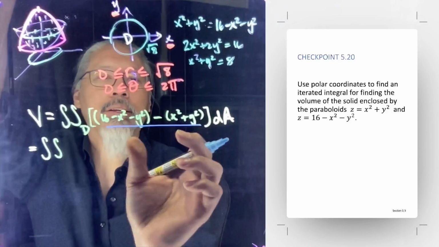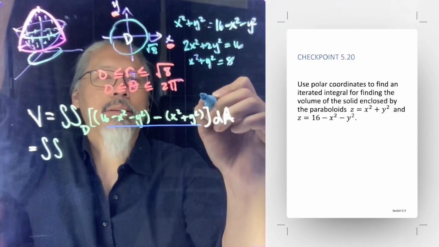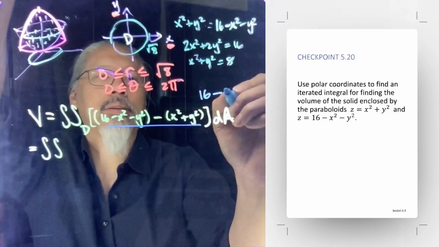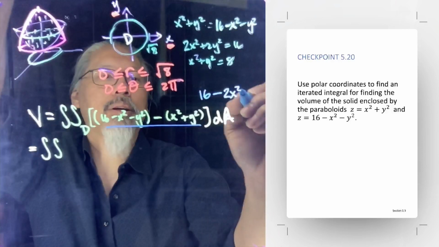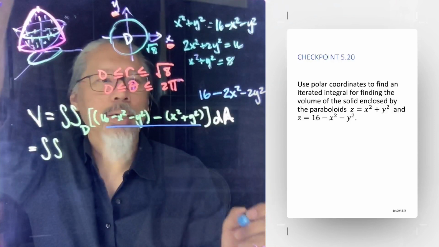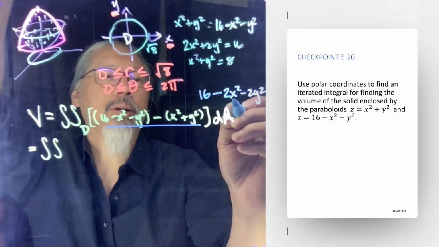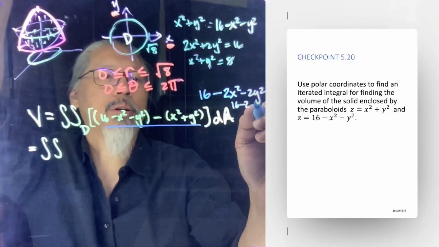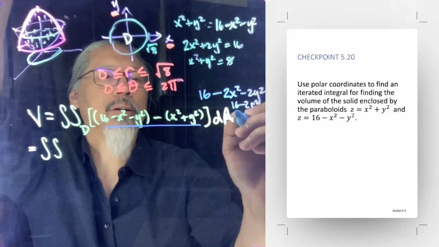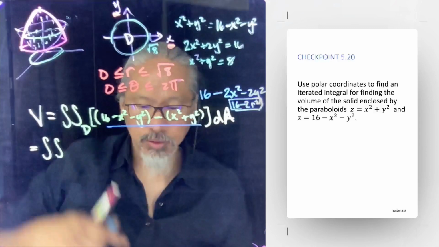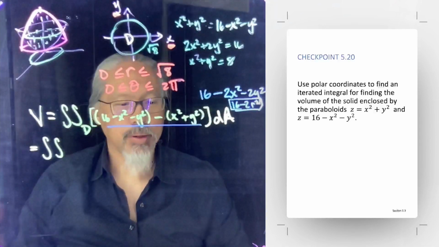If we subtract, we get 16 minus 2x squared minus 2y squared, but we want to factor out a 2, so it would be 16 minus 2 times x squared plus y squared, and x squared plus y squared is r squared.